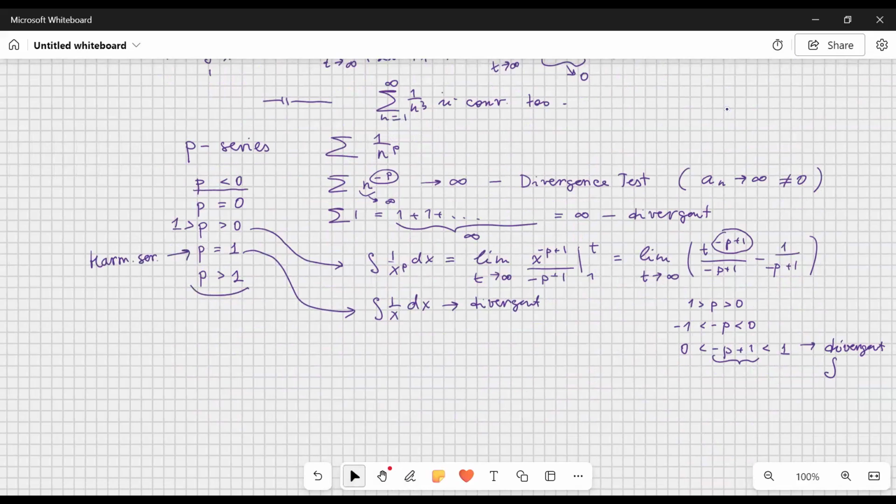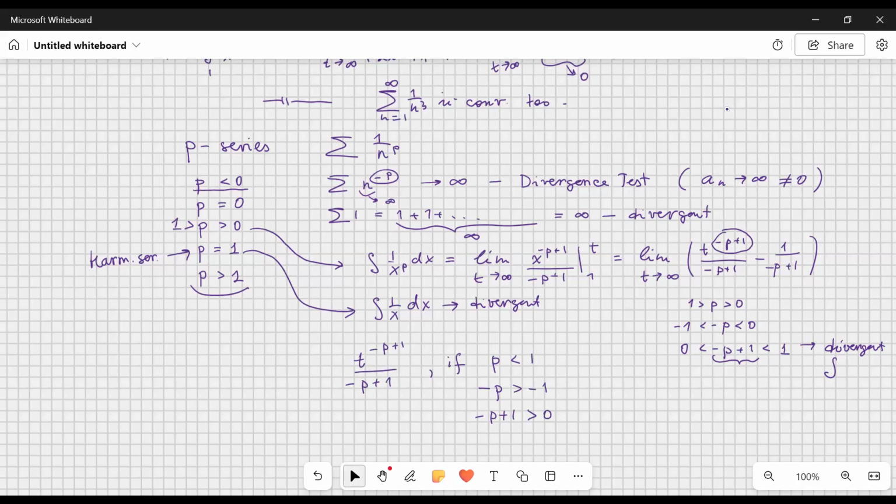And when p is greater than 1, what are we going to have? The very same integral is going to have the term t to the power of minus p plus 1 over minus p plus 1. But if p is greater than 1, then minus p is less than minus 1. We're changing the sign of the inequality. And plus 1 gives minus p plus 1 less than 0.